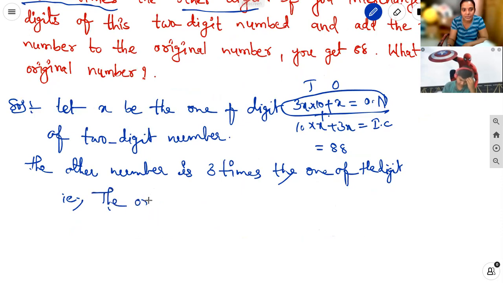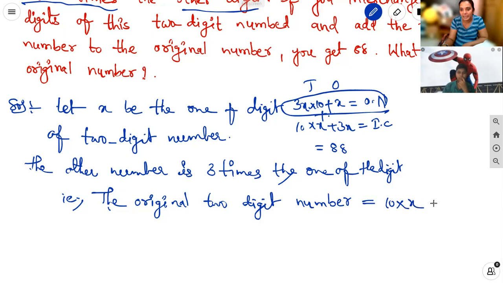The original two-digit number equals 10 into x plus 3x. 10x plus 3x equals 13x. It is the original number.